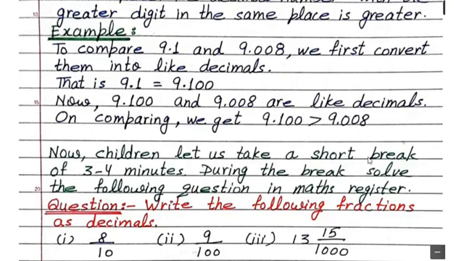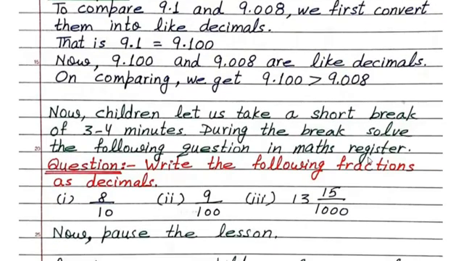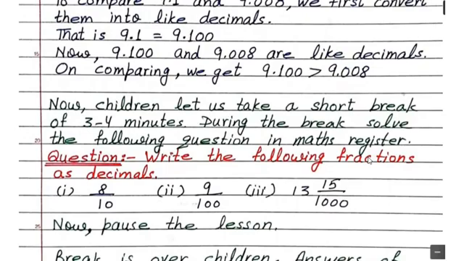Now, children, you can take a short break of 3 to 4 minutes and solve the given question in your maths register. The question is, write the following fractions as decimals. The first one is 8 upon 10, then 9 upon 100, 13 upon 13, 15 upon 1000.